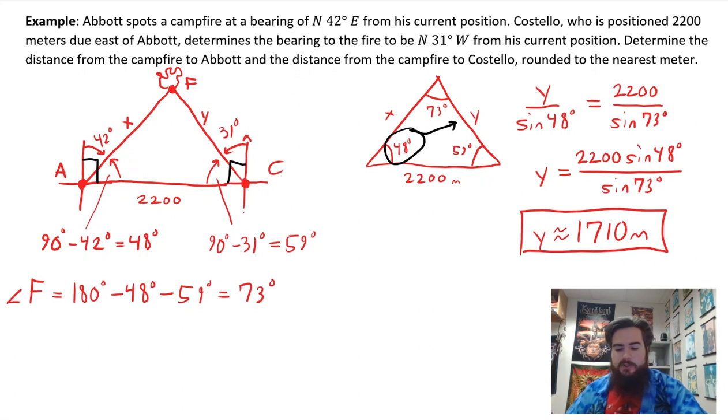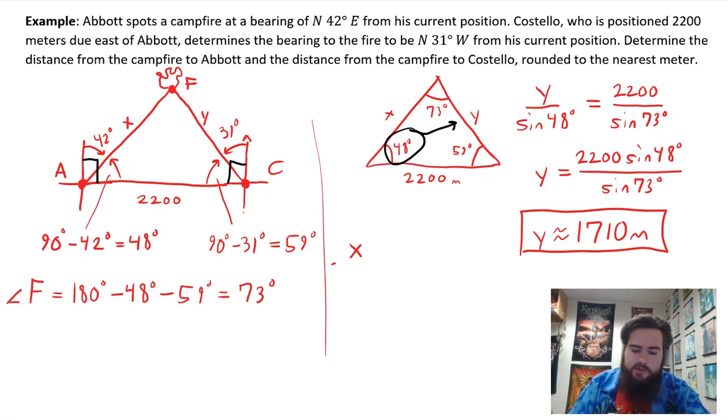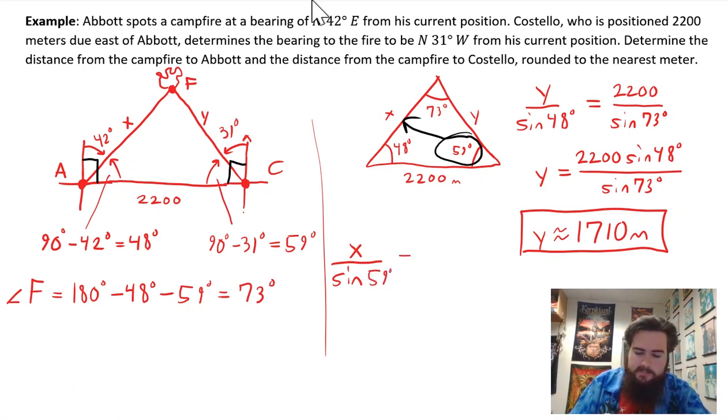Don't be tempted to use Pythagorean theorem, even though we know two side lengths, because Pythagorean theorem only works for a right triangle. Still use law of sines to solve for x here. I'll structure this so that x is divided by sine of the angle measure across from x, which, since we're working with x now, the angle measure across from x is 59 degrees. That's sine of 59.